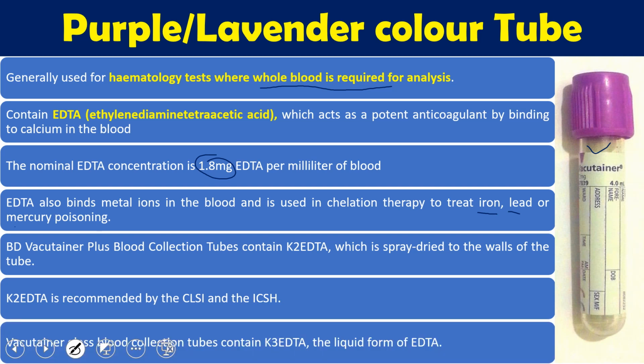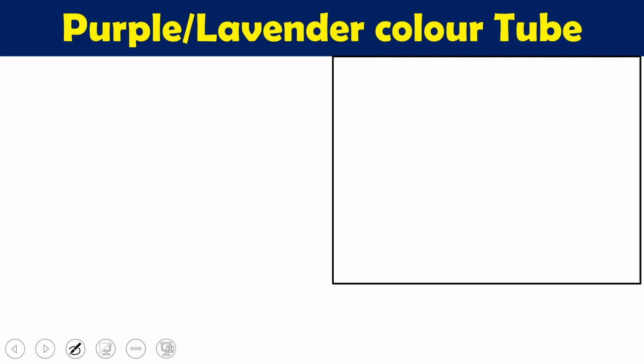Vacutainer glass blood collection tubes contain trisodium EDTA, the liquid form of EDTA. So in most cases we have dipotassium EDTA, but glass blood collection vials contain trisodium EDTA.